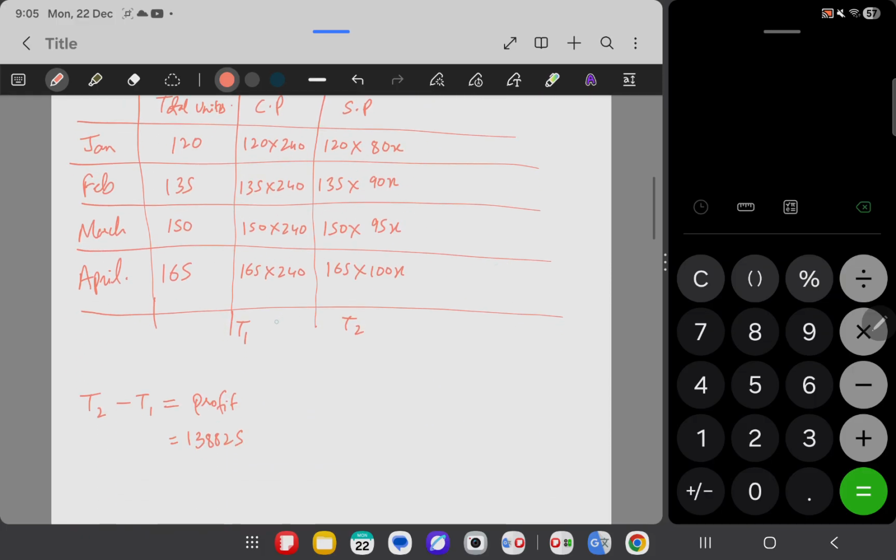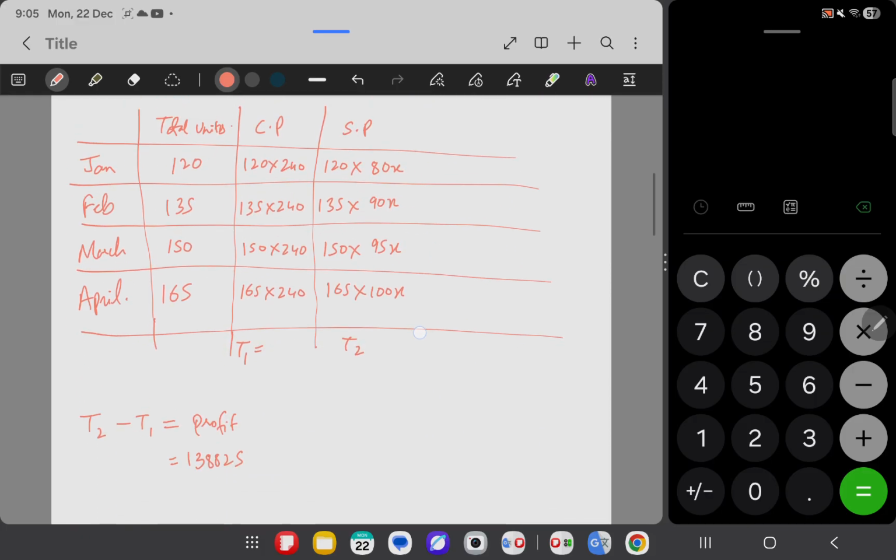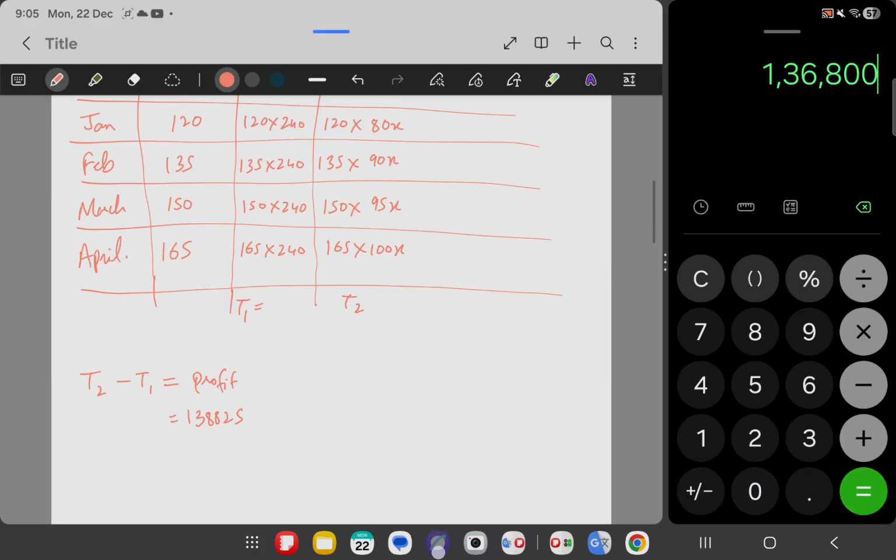So let's calculate the total cost price. I will use the calculator. 120 plus 135 plus 150 plus 165, into 240. We are getting 136800.